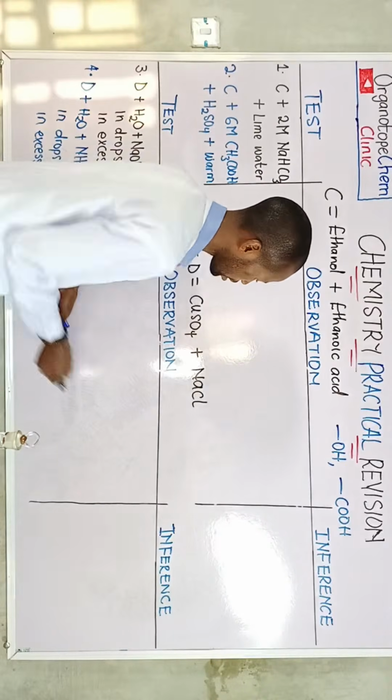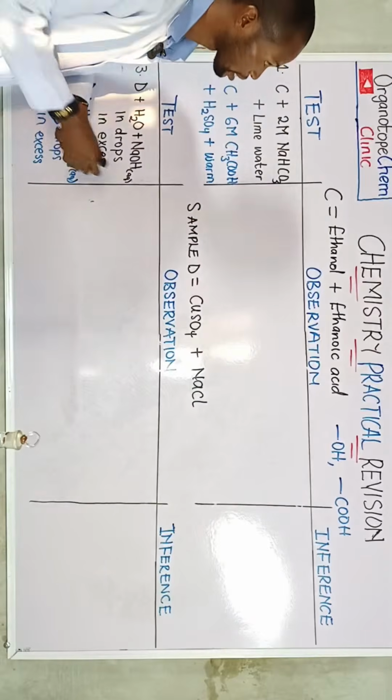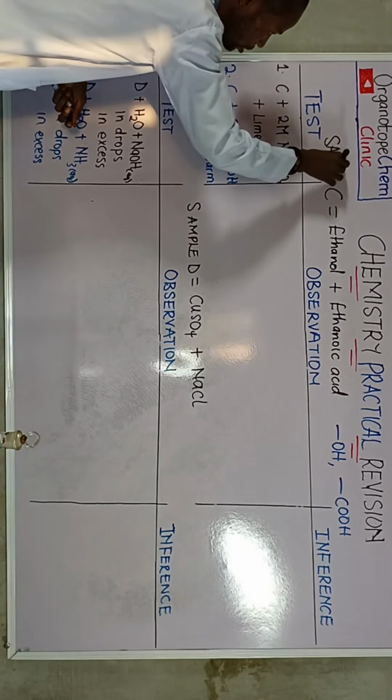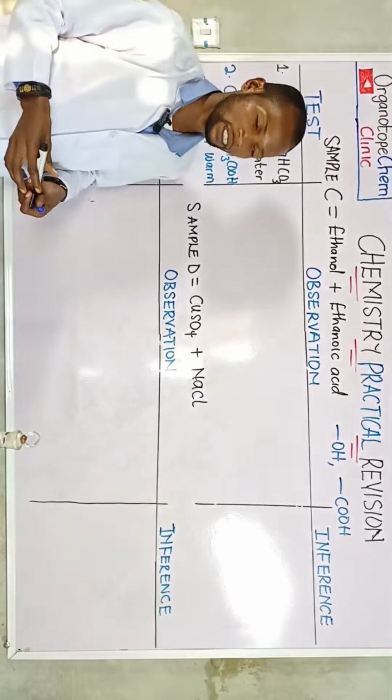These are the constituents of sample D, while the constituents of sample C are the organic components, which are ethanol and ethanoic acid.